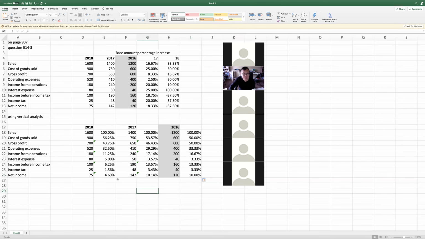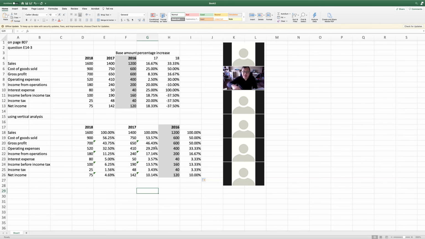Are we okay with this? Do you guys have any questions? So this one is called horizontal analysis. You can see that I'm comparing across the columns, from left to right. This one is called vertical analysis.